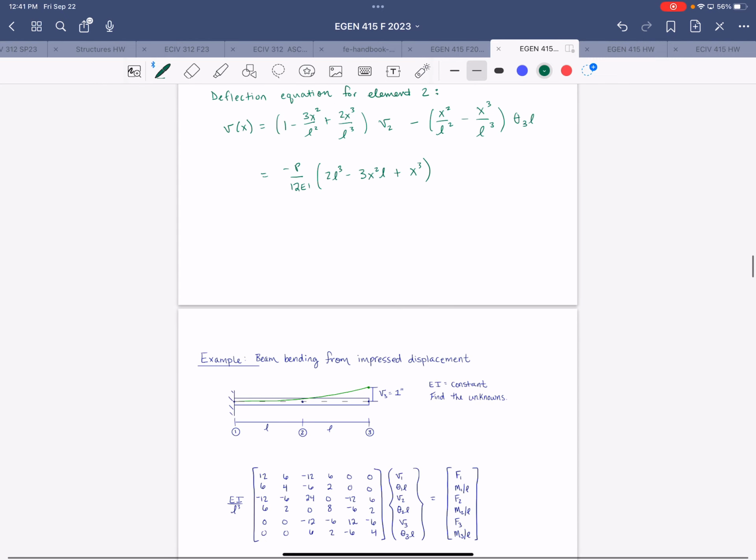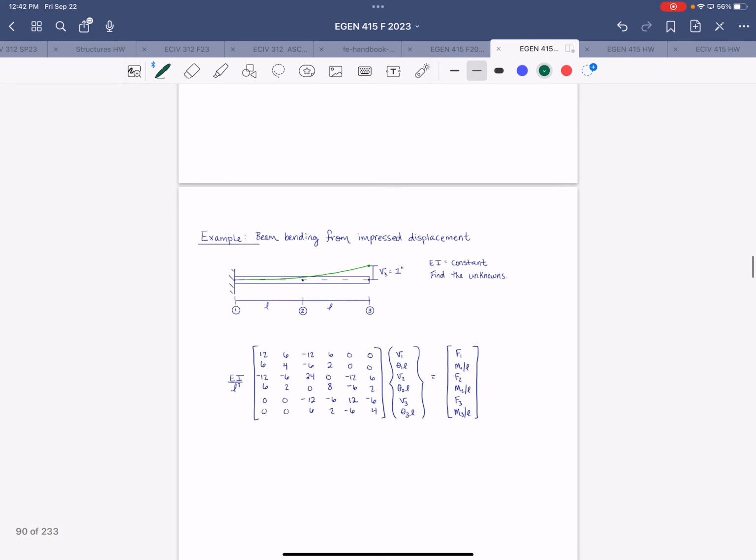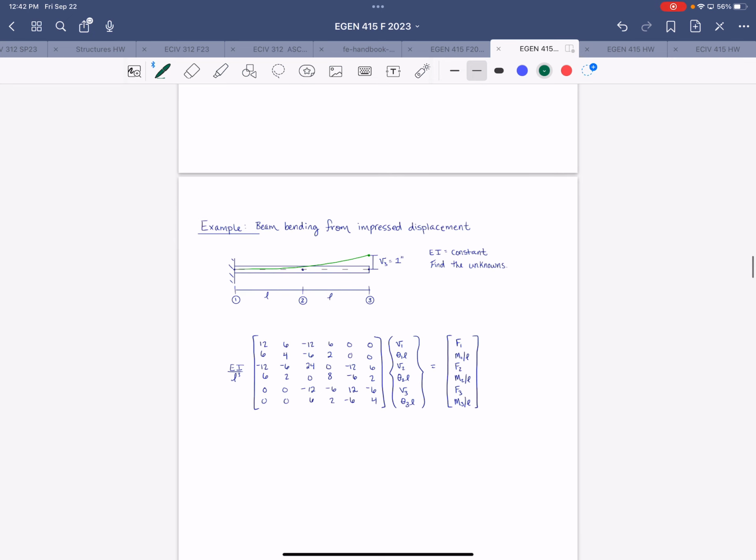All right, so now this next example is pretty interesting. This considers the scenario where you have a known displacement that's not 0. All right, so beam bending from impressed displacement, or imposed displacement is usually how we say it. Here we have a cantilever beam and we're forcing the free end into a vertical displacement of 1 inch in the positive direction.